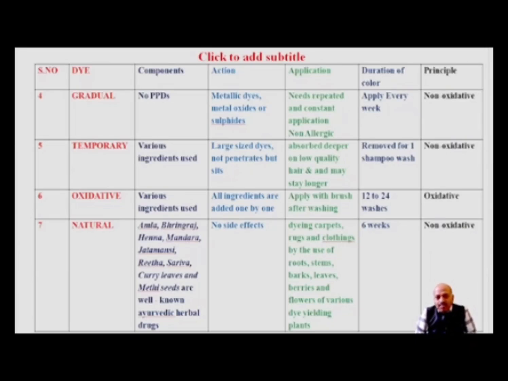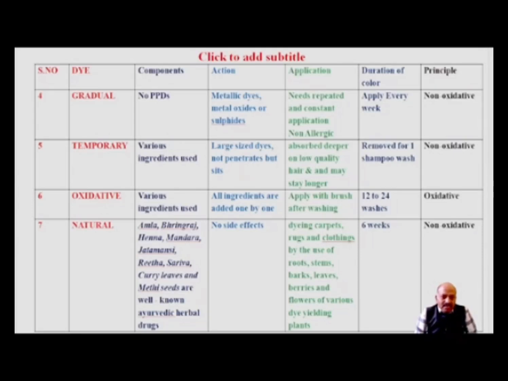Oxidative dyes: the components present are various ingredients, as in temporary dyes. And in the action, all ingredients are added one by one as per the formula given in the table. Application is with a brush after washing, and the duration will be 12 to 24 washes. The principle is the oxidative principle.